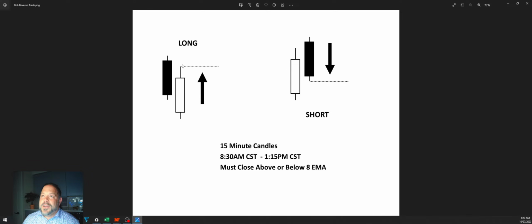This entry order has to be one tick above the top of this wick. Now you're going to ask, Rob, what the hell's up with this? Because my oil trade doesn't do this. This is not a requirement for my oil trade. But on this trade, it is. Because for some stupid reason, the NASDAQ has this funny way of finding this exact tick point and then coming back down.